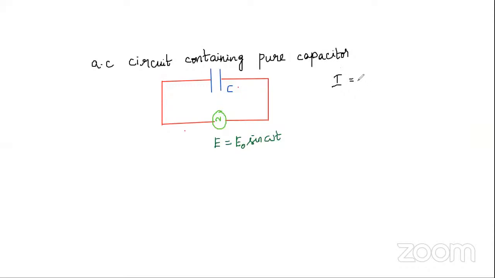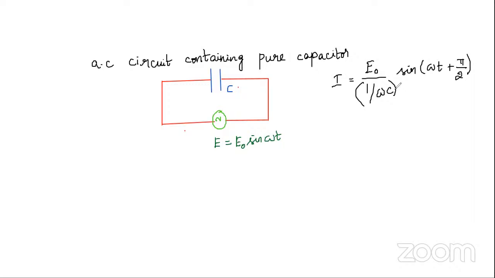That is I equal to I naught sine, or I can write like this: I equal to E naught divided by 1 by omega C, where C is the capacitance value, times sine within the bracket omega t plus pi by 2.